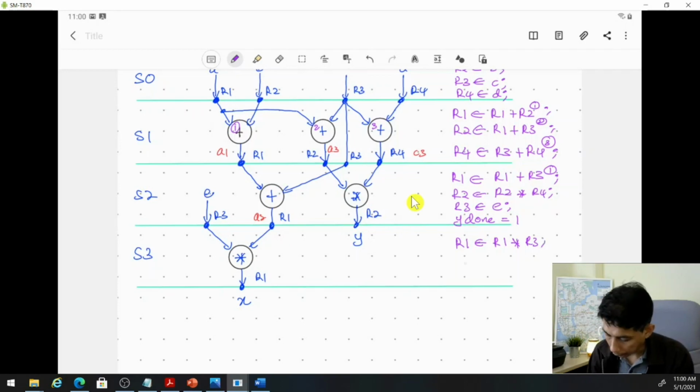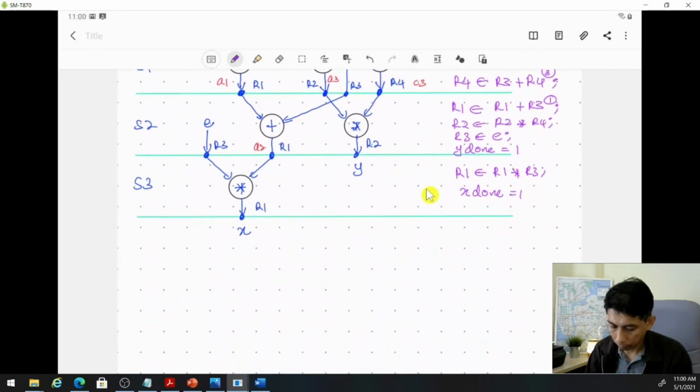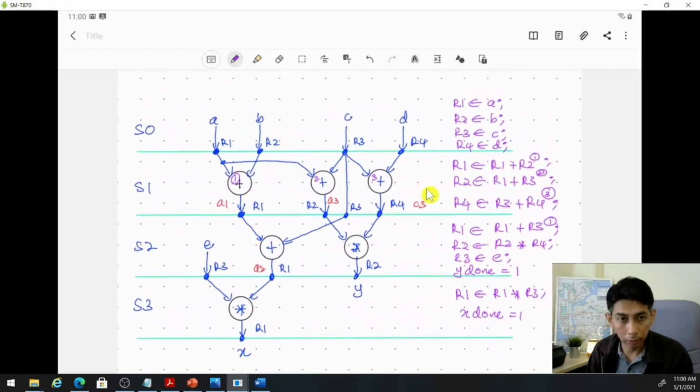And let's say we have another signal called x done equal to 1 when the operation is finished here, so that we know that x is available here, right? So this will be the RTL code for this.